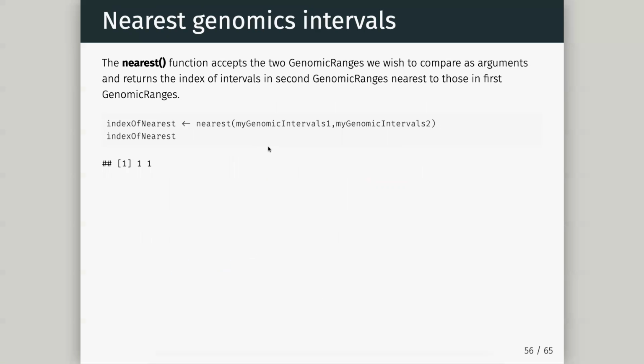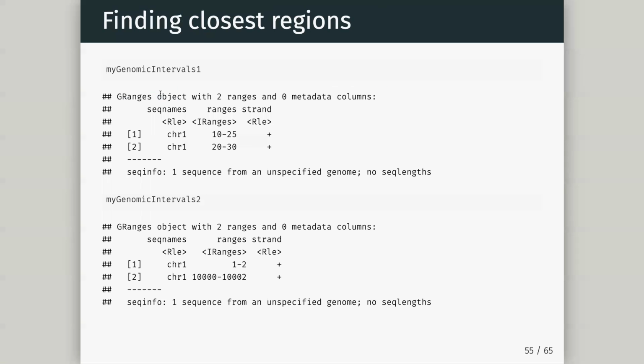If I want to apply the nearest function, I can just give nearest the two genomic ranges I want to compare, and it's going to return the index of the intervals in the second genomic ranges nearest to those in the first genomic ranges.